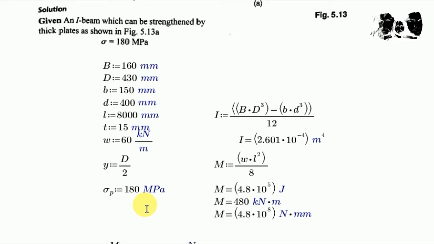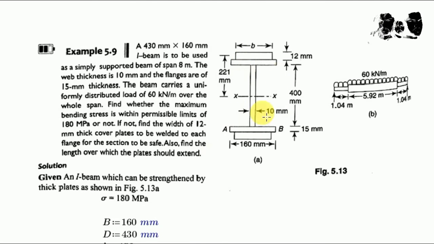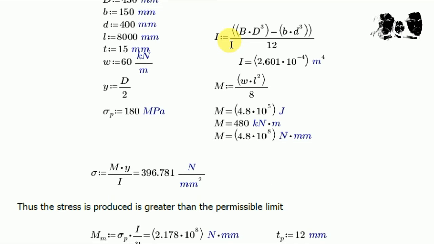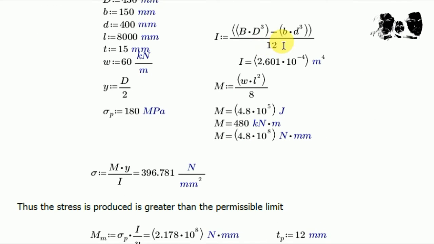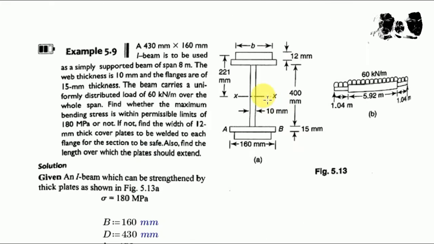So first we have to find the moment of inertia of this given beam excluding the plate, for which we already know the formula, which is (BD cube minus bd cube) upon 12, where BD cube is for the total width and depth considering it as a rectangular beam, and then we exclude the middle rectangular part.